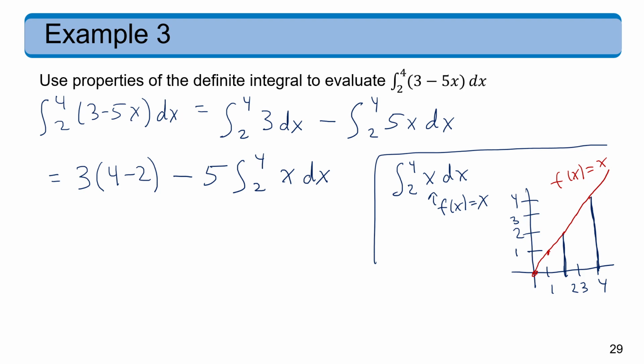Let me highlight it. So it's not a rectangle, so it's not going to be a one-step calculation, but we could break this into two pieces by putting a line right here. The bottom part is a rectangle and the top part a triangle. We can find both of those areas.